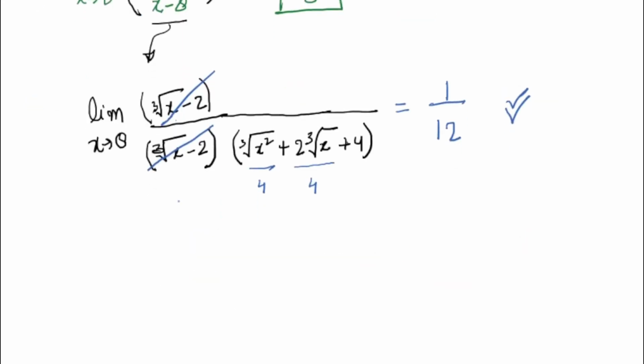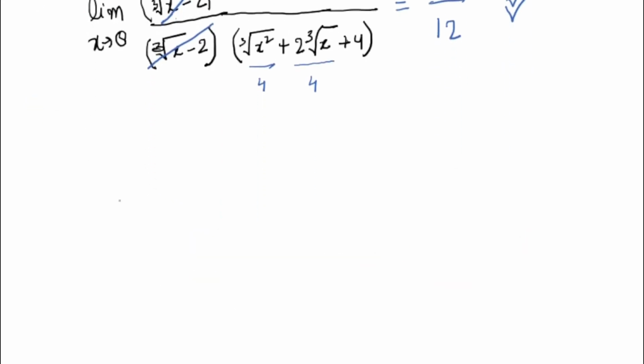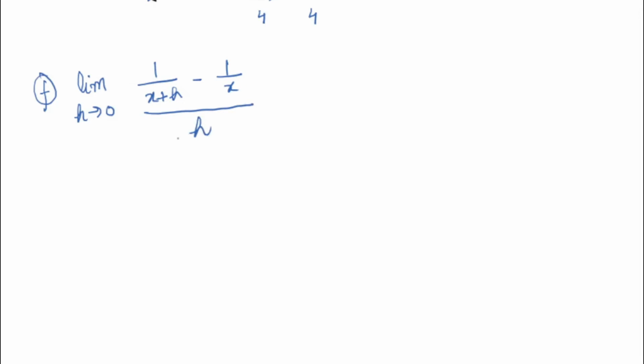Let me solve another problem. The problem is: limit h tends to 0, (1 upon x plus h minus 1 upon x) upon h. If we put h equal to 0 in the denominator, we have 0.